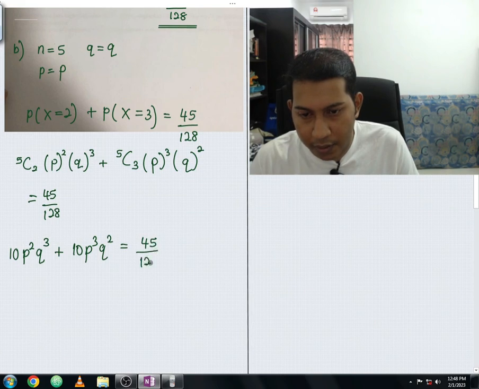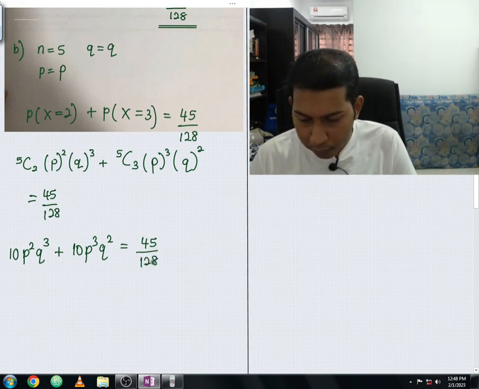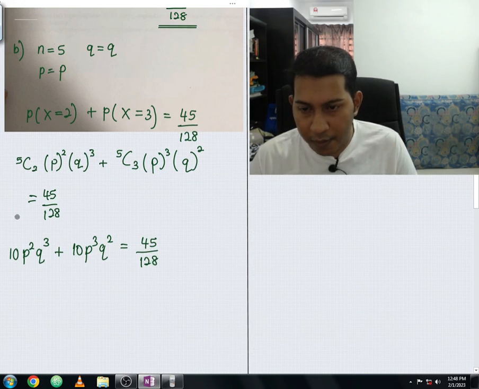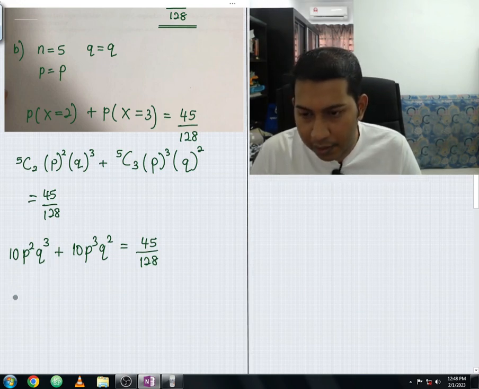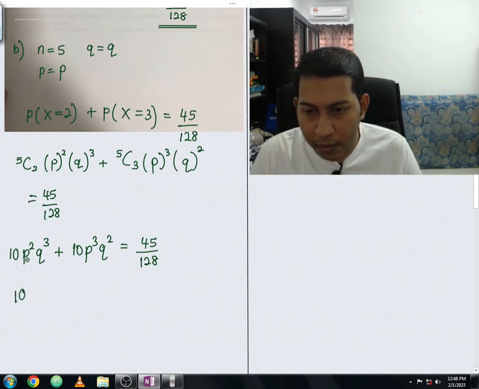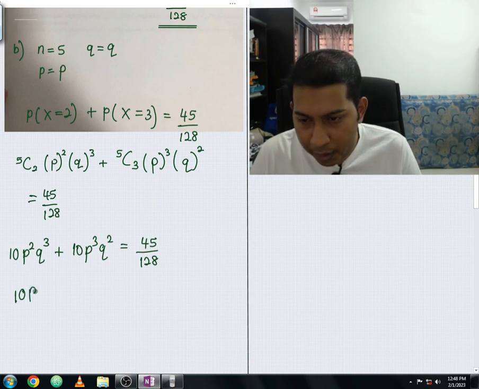128. So from here we factorize the common term. We start by factoring out 10, and then we pick the lowest power for p, in this case p squared.